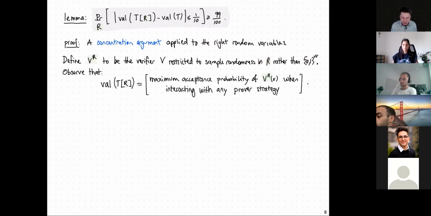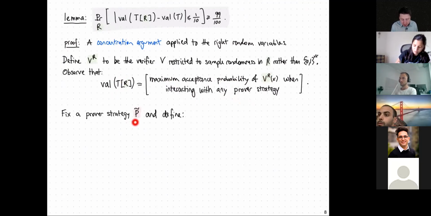Observe that the value of this residual game tree is nothing but the maximum acceptance probability of this residual verifier when interacting with any prover strategy. Because if we restrict the verifier to this randomness, it is as if you let some optimal prover play against the residual verifier. That's just what it is.